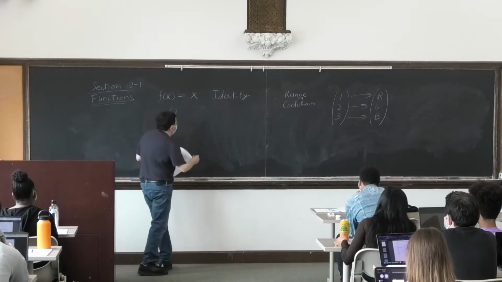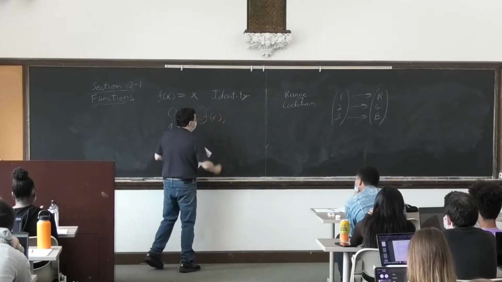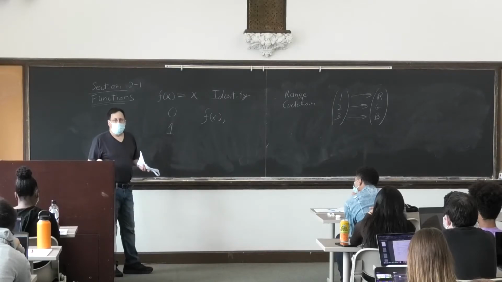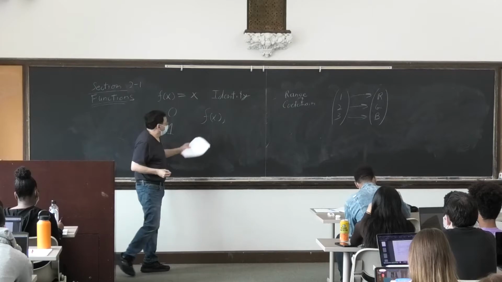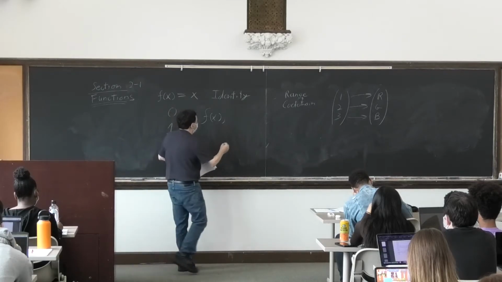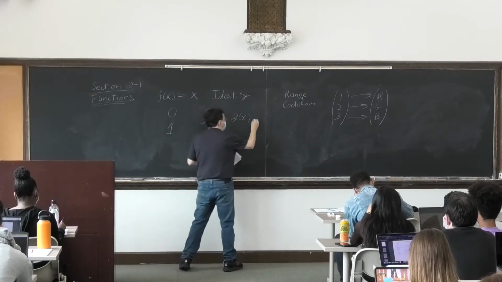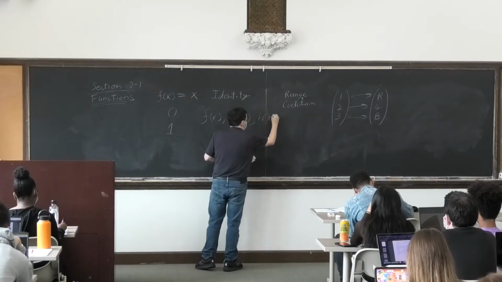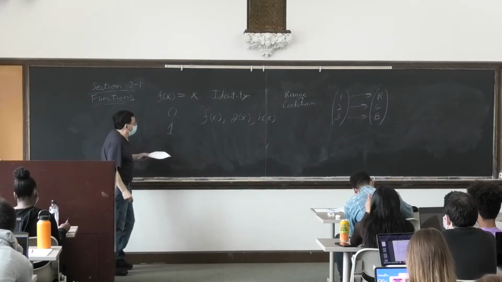Now, often I'll just write f of x, but I might have more than one function to describe, and there are various ways to pick something else. Common would be just advance the letter: g of x, h of x. There's nothing different about these. It's what we usually use.